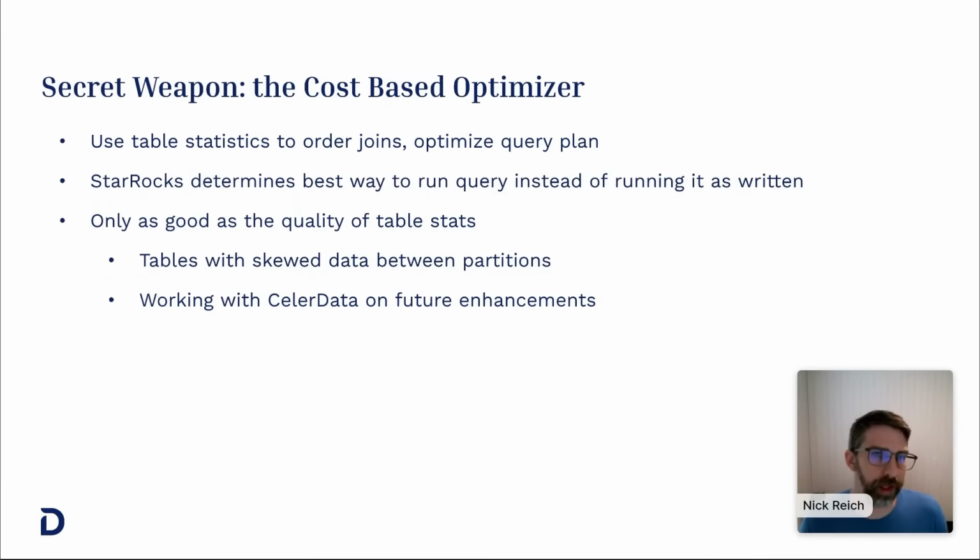Now, the quality that the cost-based optimizer can give you is only as good as the quality of the stats you have on the tables. We certainly have some challenges around partition data and each of our partitions having very, very different statistics. And we've been working with CelerData on a number of future enhancements to improve the quality of those stats, to make it so that the cost-based optimizer is even more powerful and even more intelligent in the way that it optimizes your queries.